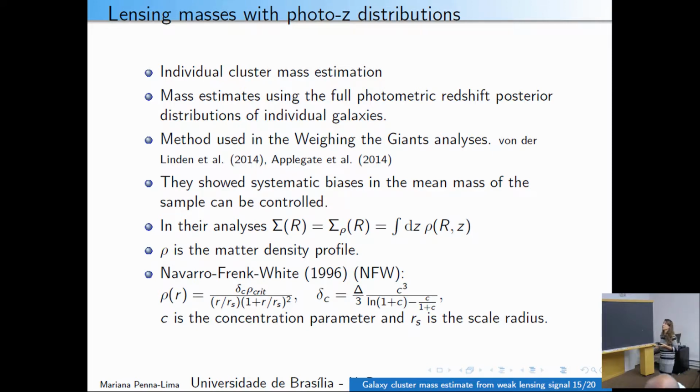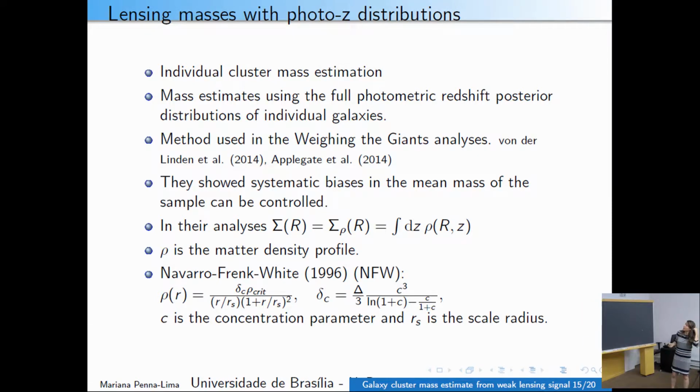This method was already used in the Weighing the Giants analysis, and in that paper they showed that this methodology provides almost unbiased cluster mass estimates in comparison with other approaches.